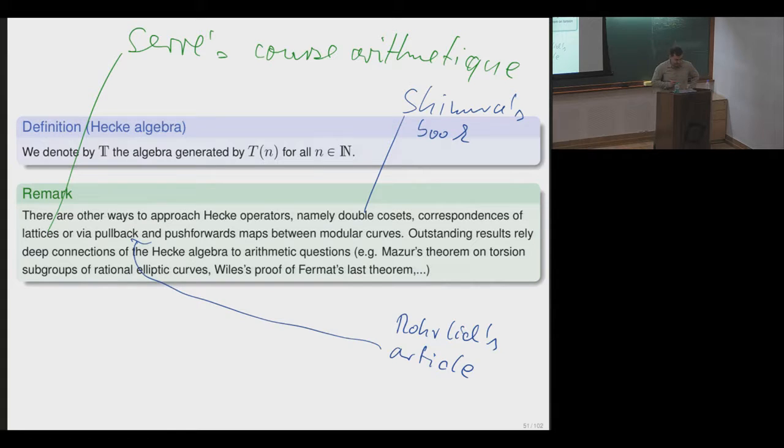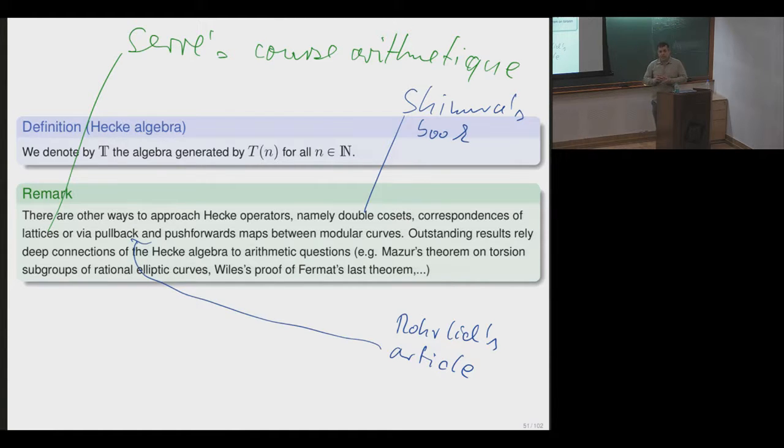And the upshot is that Hecke operators are somehow at the core of the theory of modular forms. And all these very famous results in the last years or decades are somehow related to Hecke operators.